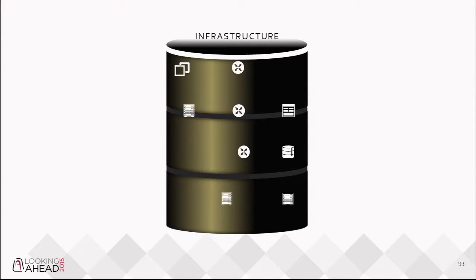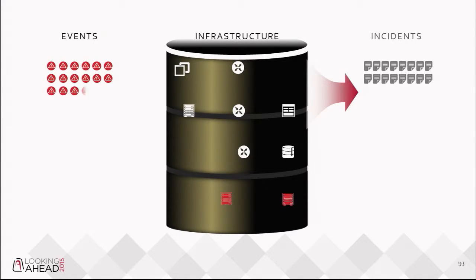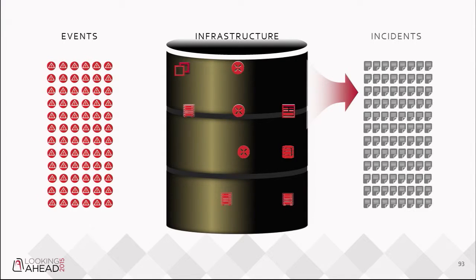Now, take a look at this typical traditional CMDB: flat, no relationships, a lot of different widgets, a lot of different components, storage, network, compute, et cetera, as isolated widgets in your configuration management database. So from an availability standpoint, you've got your event monitoring tools and your management tools kicking off alerts and events, some very critical, some not so critical, and they create a lot of noise.